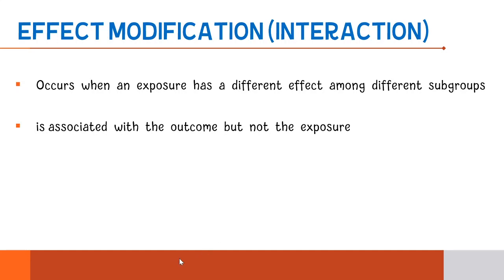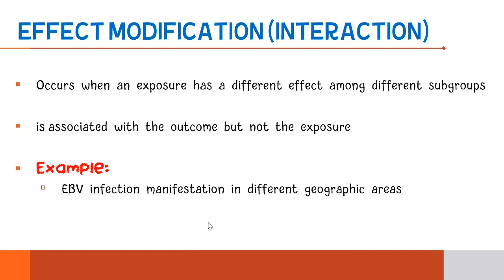So, to give you an example, EBV, your Epstein-Barr virus infection, manifests differently in different geographic areas. EBV actually results in what we call infectious mononucleosis. But in terms of geographic areas, it was found out that infectious mononucleosis is observed only in the United States.